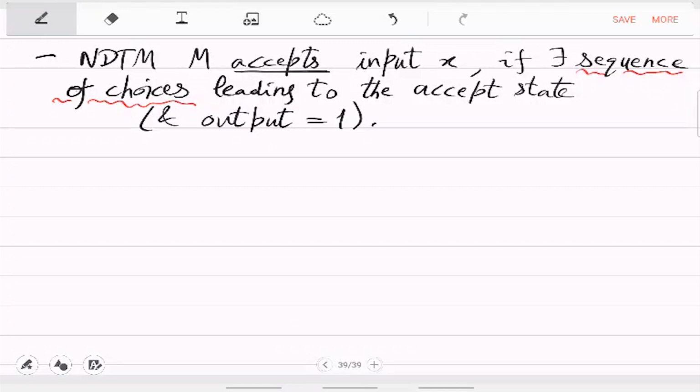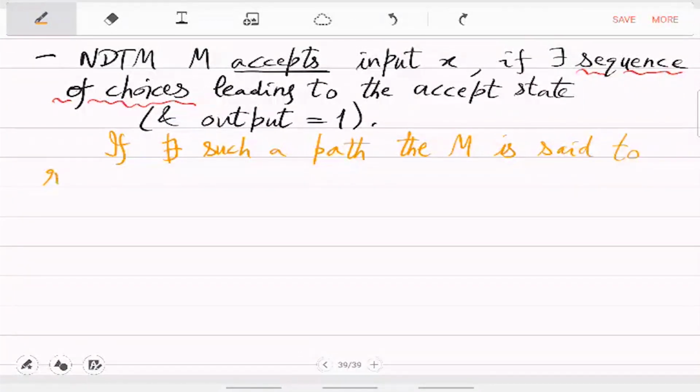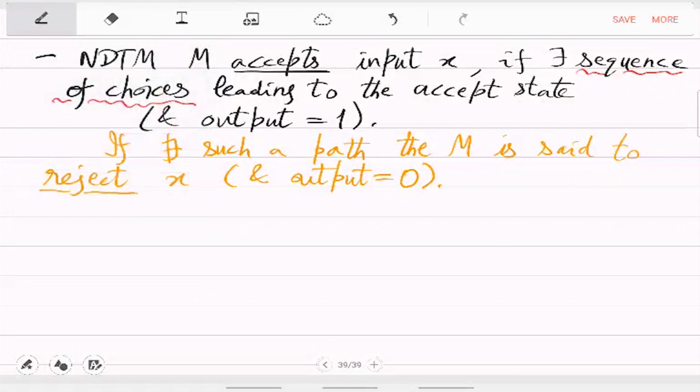So if there does not exist such a choice, then M is said to reject X and output 0. Okay, so that's the NDTM setting.